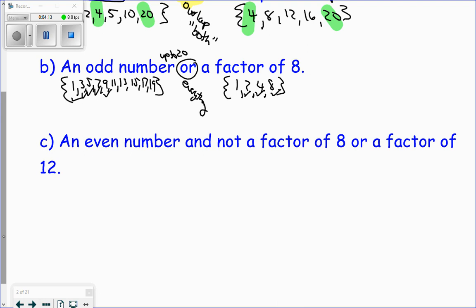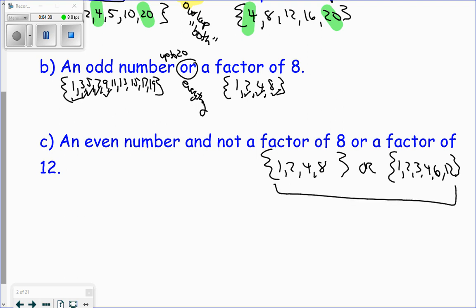So an even number and not a factor of 8 or a factor of 12. So ands and ors together. Factors of 8 are 1, 2, 4, and 8. Factors of 12 are 1, 2, 3, 4, 6, and 12. So for or we combine these, and we get 1, 2, 3, 4, 6, 8, 12.